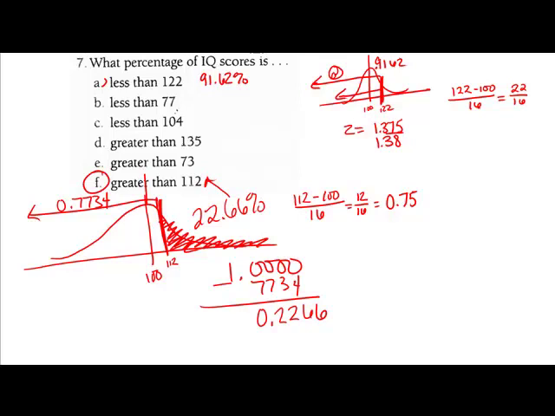Hit pause, and when you unhit pause, I'll write down the remainder for B, C, D, and E. Okay, so with B, hopefully you calculated a z-score that was a negative 1.44, which would give you a percentage of 7.49. C, your z-score was 0.25, which gives us a percentage of 59.87%.